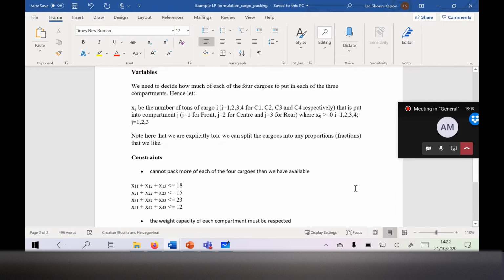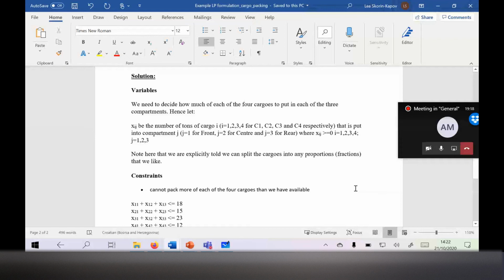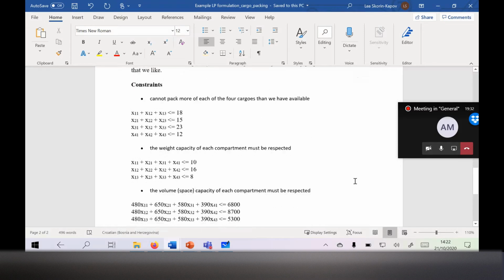If you're ever given a problem like this, it's important to read carefully through the problem, and like I said, maybe in the initial lecture, maybe even in words, write down all of the constraints first. So make sure you understand them before even trying to formulate them, so that you don't forget something.